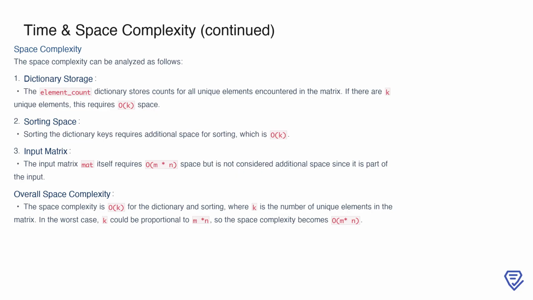The input matrix itself takes O(m*n) space, but since it is part of the input, we do not count this as additional space. When we combine these factors, the overall space complexity is O(k), where k is the number of unique elements. In the worst case, where all elements in the matrix are distinct, k could be proportional to m*n, making the space complexity O(m*n).